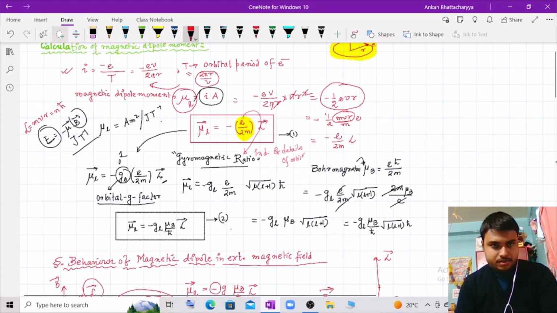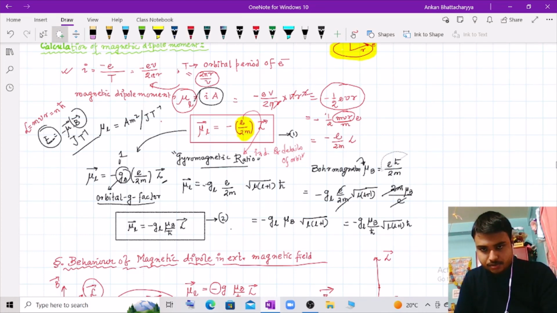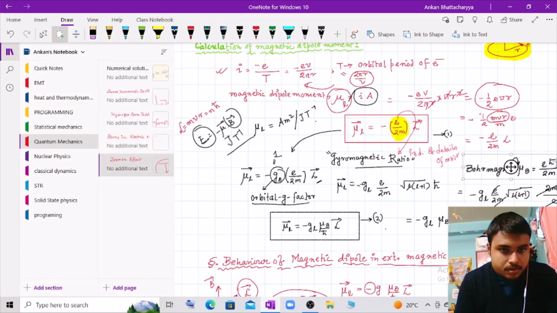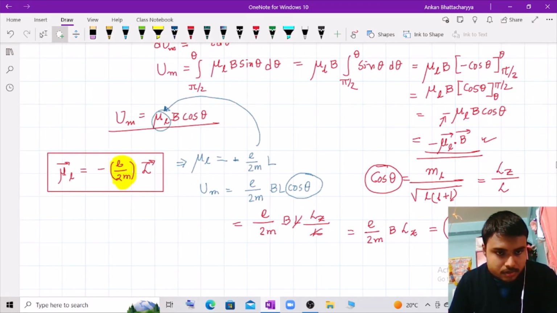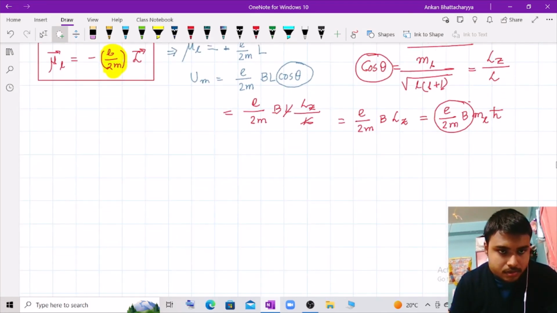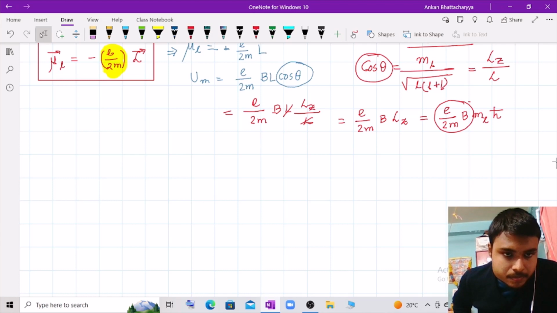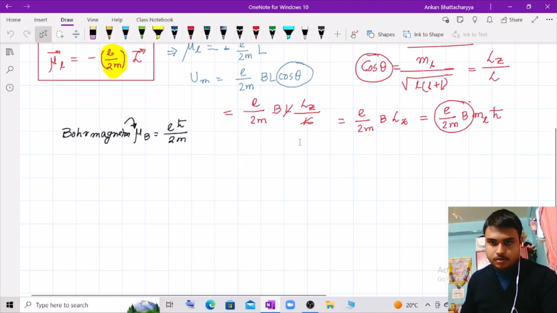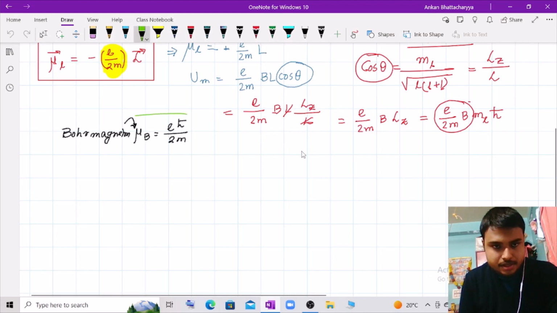Bohr magneton has been introduced here by the relation e h line by 2m.